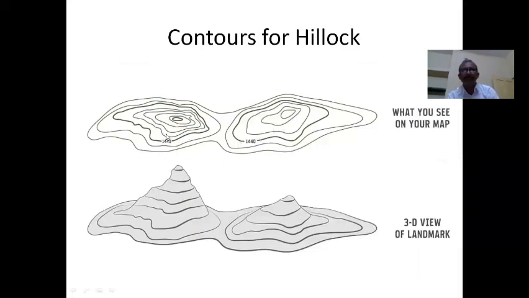If you look here, all the contours are closed, and the inner contours will have a higher value, and as you come out, the elevations of the contours will keep coming down. So this should be recalled.